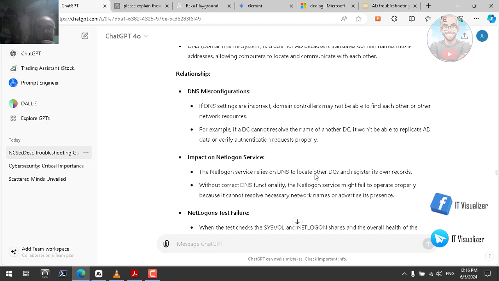No, he's talking about there is a record for the Netlogon service. So this is not correct. The more reasonable reason is that the Netlogon service will not be able to locate domain controllers to authenticate the users, because the DNS records are not correct. So I think this is one correct thing.